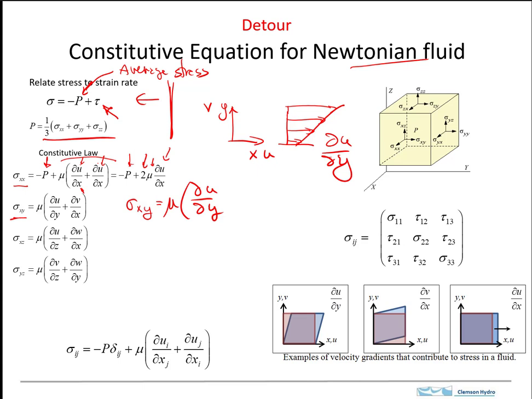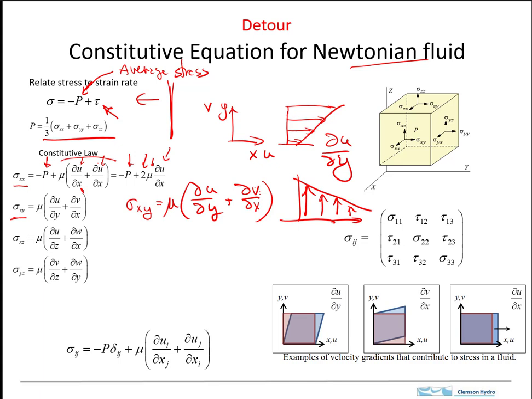And we're also going to add to that dv dx. So v is the velocity component in the y direction, and that may well change in the x direction. So that slope would be dv dx.